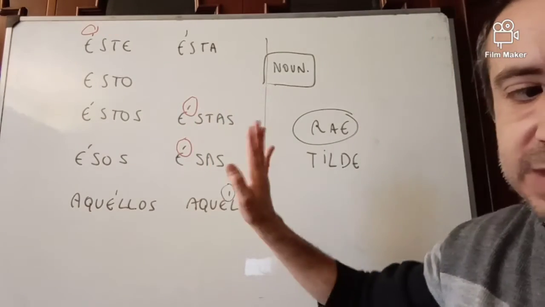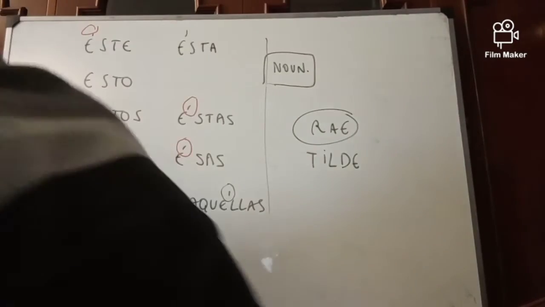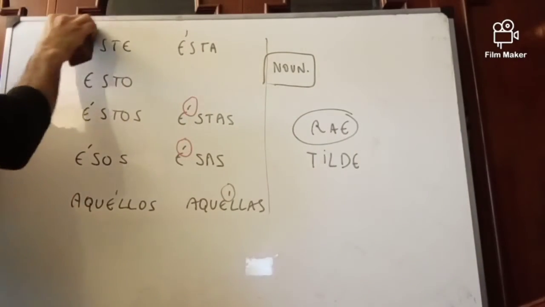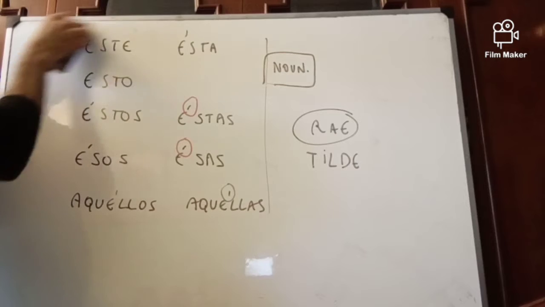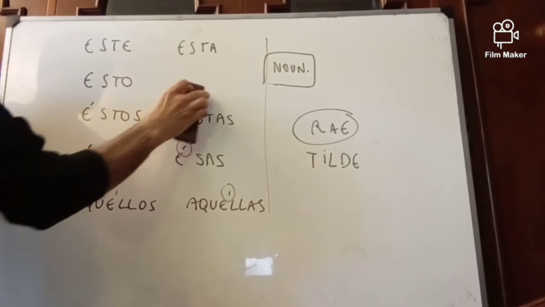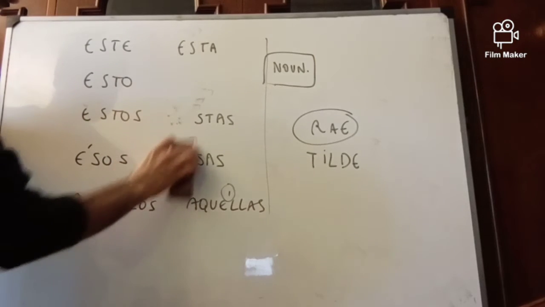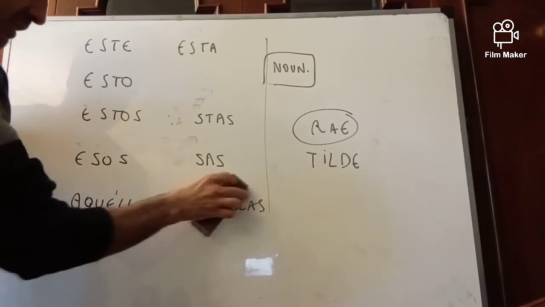So I wanted to explain this to you. Now I'm going to erase those accents because according to this decision they don't go here anymore. So let's see the current version.